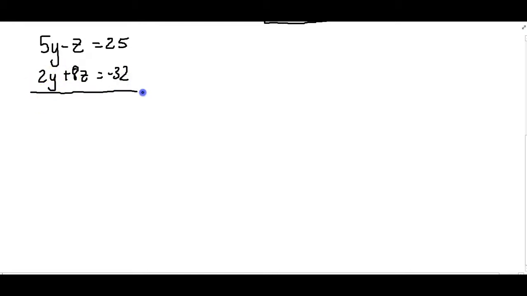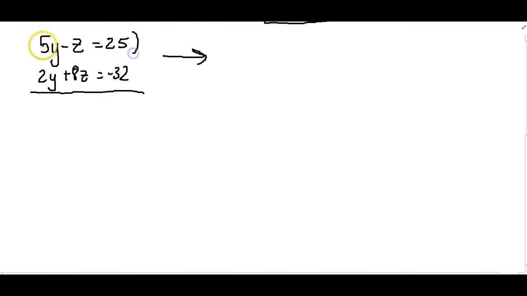Okay, so now we need to look at these, and we're going to eliminate our z variable. And we're choosing z because we have a 5y and a 2y, so we'd have to multiply both equations. If we look at our z variable, we have a negative z and a positive 8z. So we'd only have to multiply our first equation by 8 in order to eliminate our z's. So let's go ahead and do that.